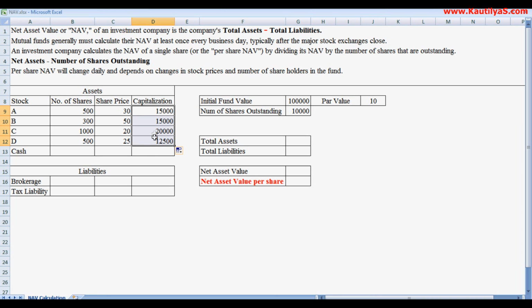So we have 30, 50, 62,500 invested in different shares, assuming that we purchase 1000 here. So 50, 75,000, and let us say 500 here. So 25,000, 45, 50, 70, 85. So the balance is our cash.